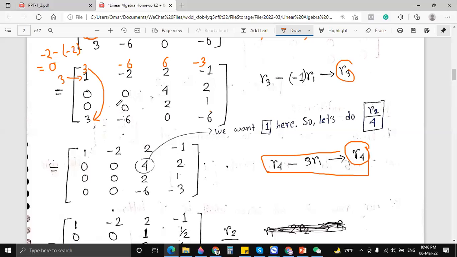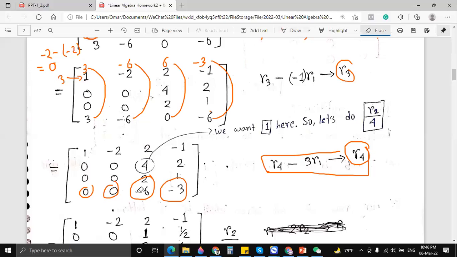So let's subtract them. 3 minus 3 is going to be 0. Minus 6 minus minus 6 is also 0. 0 minus 6 is minus 6. And minus 6 minus minus 3 is going to be minus 3.